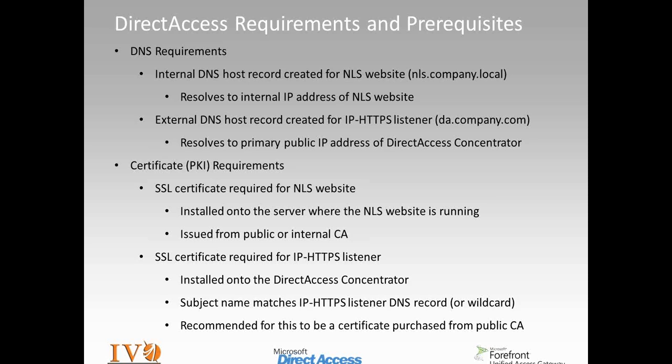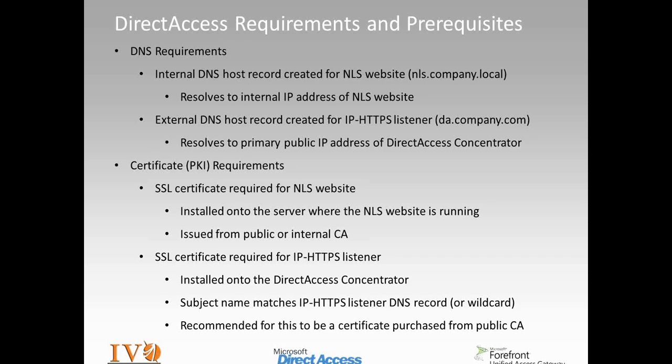And so because IP HTTPS is essentially SSL traffic, it requires an SSL listener on the box. And I'm starting to get ahead of myself a little here, but I'll just go with it. So we do need an SSL certificate on there as well.